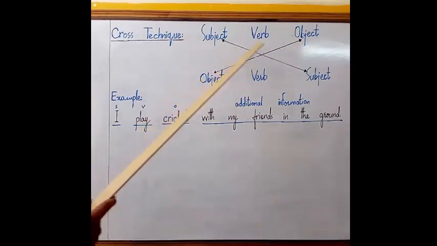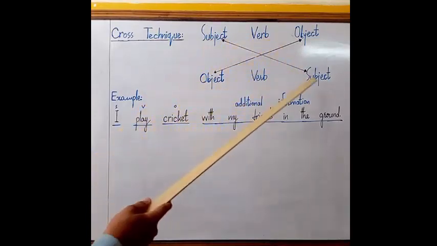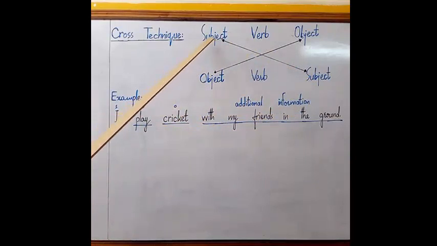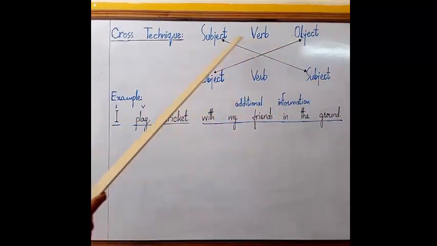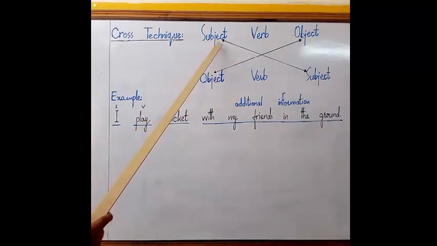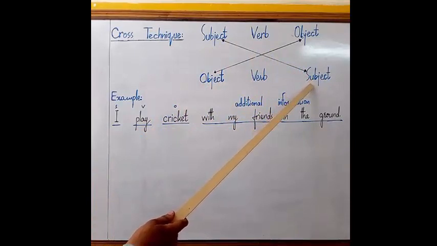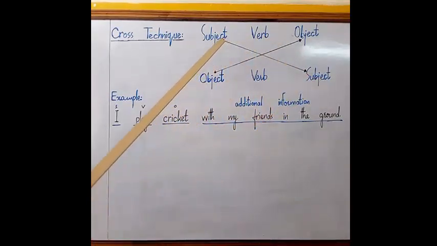The changes we make when we bring the subject at the object position, for instance, if there is I, here at the object position we will use me. If we have we at the subject position, when this subject comes at the object position in the passive sentence, it becomes us, and so forth.